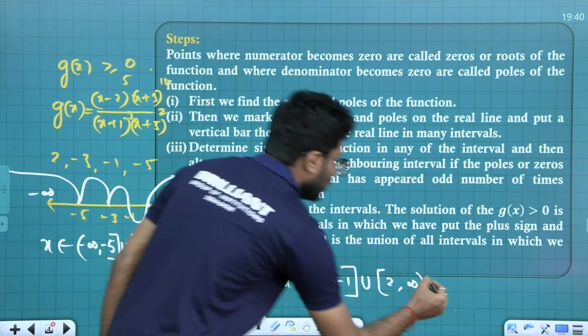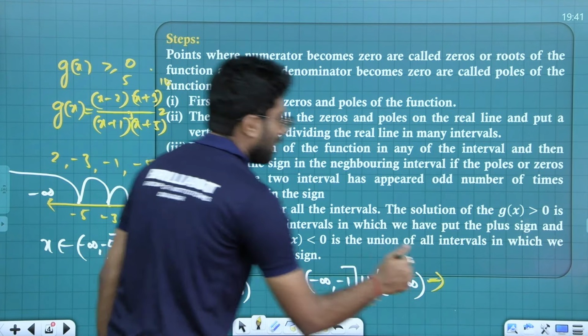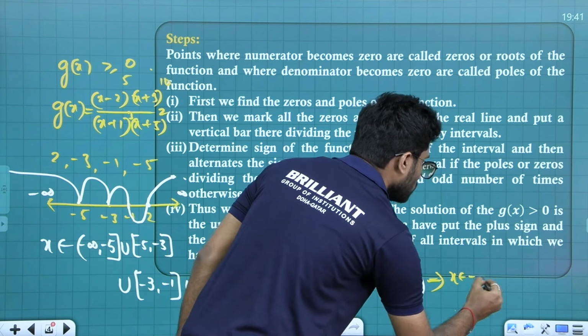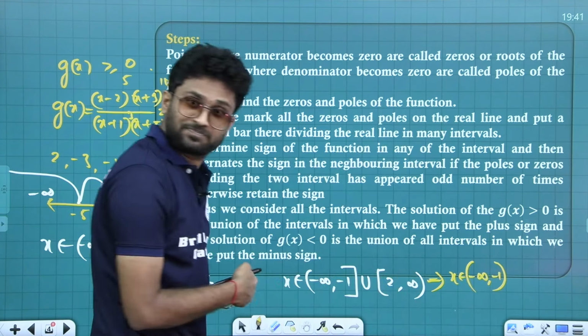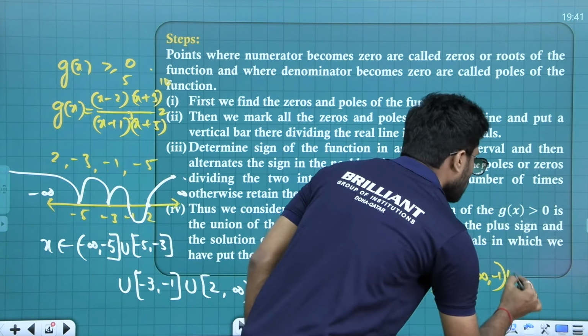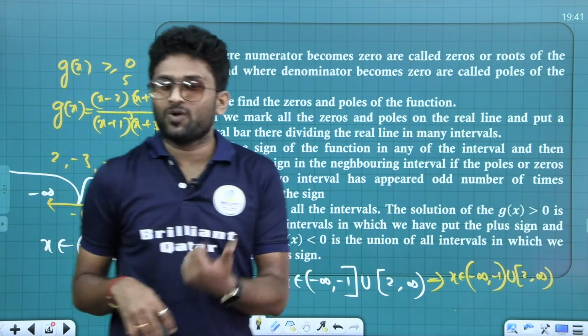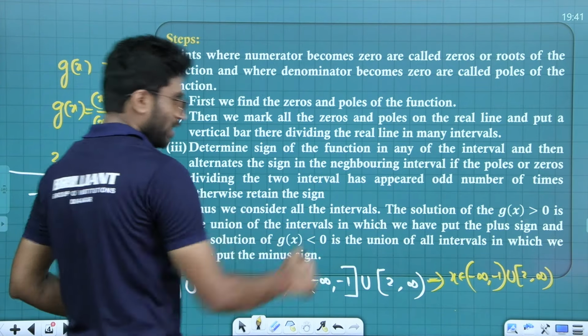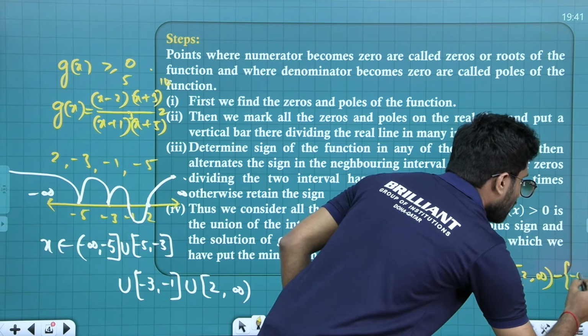For that, instead of removing minus 1, I just put open brackets here. x belongs to minus infinity to minus 1, open bracket now, union closed 2 to infinity. Am I done clearly? No, because minus 5 is included. So for that I just subtract minus 5.